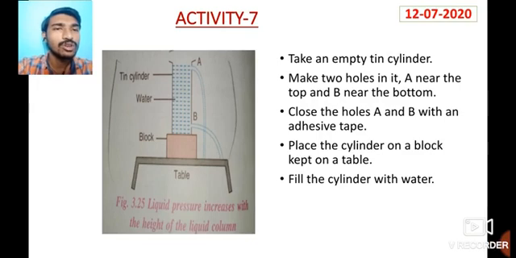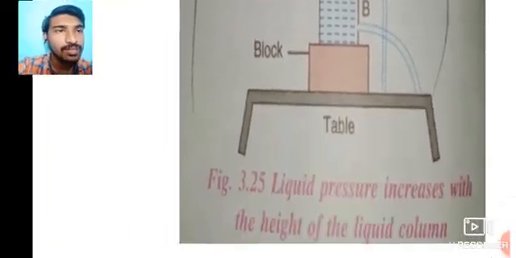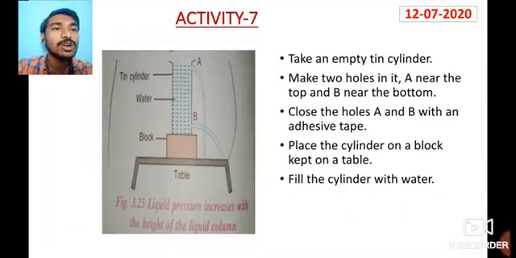Now what you are going to do is fill the cylinder with water. You have to take some water and fill the cylinder. Now remove the adhesive tape from the holes A and B. When you remove the tape, what will happen?